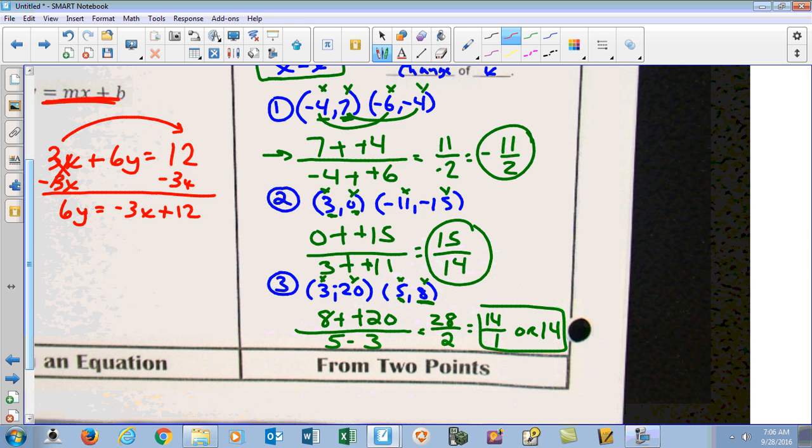Since this is 6y and that's multiplication, we divide every term by 6. So 6 divided by 6 is 1, leaving me my y equals, which is what I needed. Negative 3 over 6x is basically negative 1/2 x, or you can have negative x over 2. It's the same thing. And then 12 over 6 is 2. So now we have our equation in y equals mx plus b, right? Now you can tell me what the slope for this line is. It's negative 1/2. So hopefully that'll help you do some homework problems.